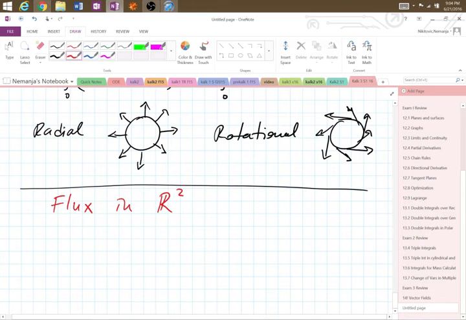Now, what's the circulation on a fan? It's going to be 0. Circulation on the vector field that is produced by a fan is 0. It's very confusing because you are thinking that the blades are spinning. Yes, they are.